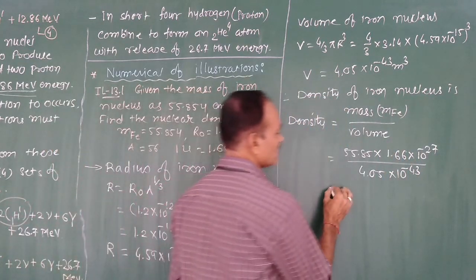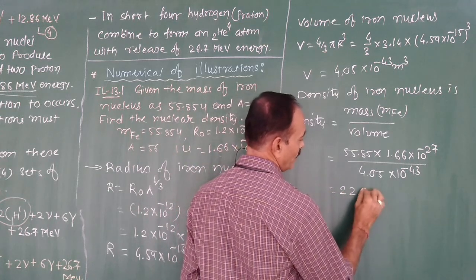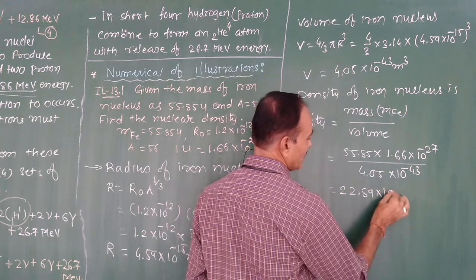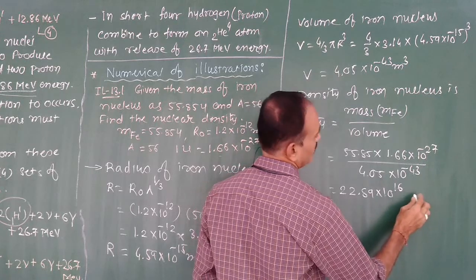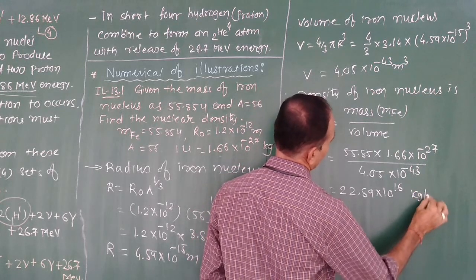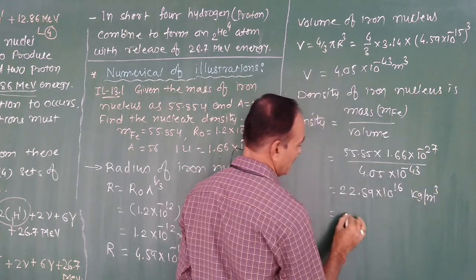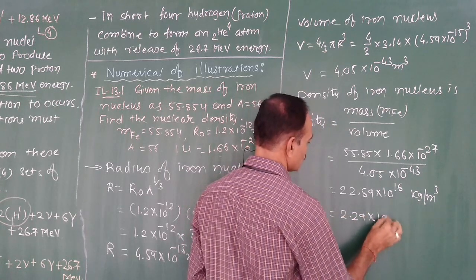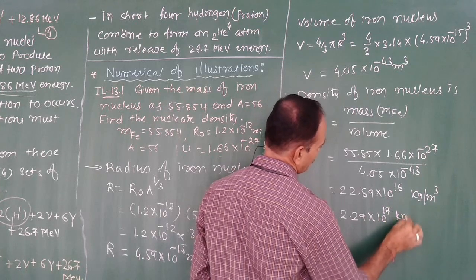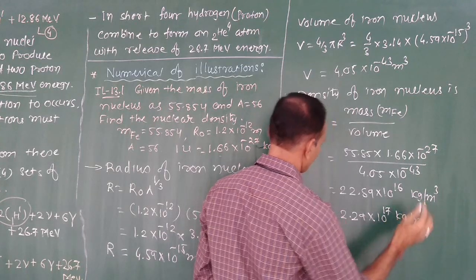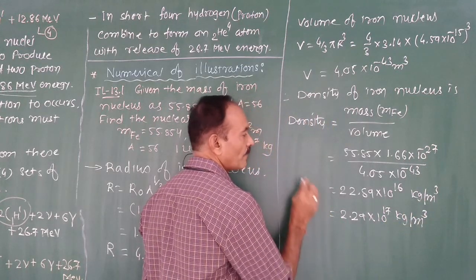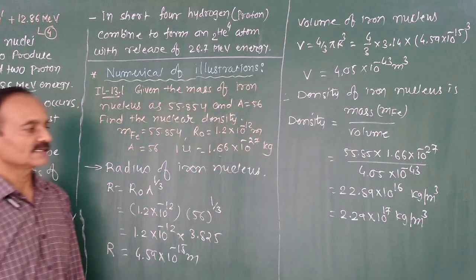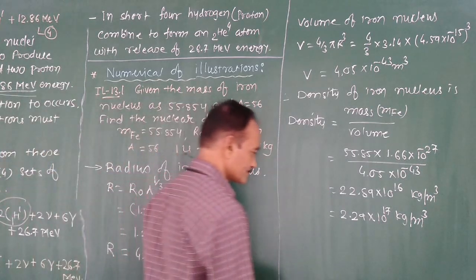As we simplified, we obtain 22.89 into 10 raised to 16 kg per meter cube. That can be written as 2.29 into 10 raised to 17 kg per meter cube. So that is the density of the iron nucleus. That is the required answer.